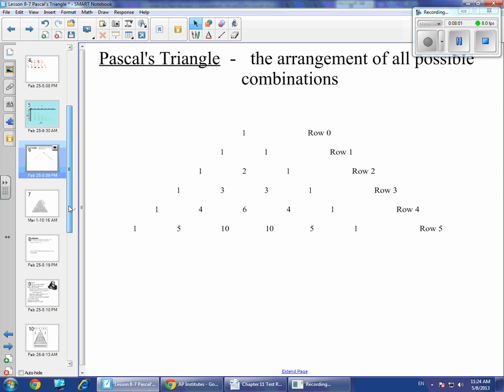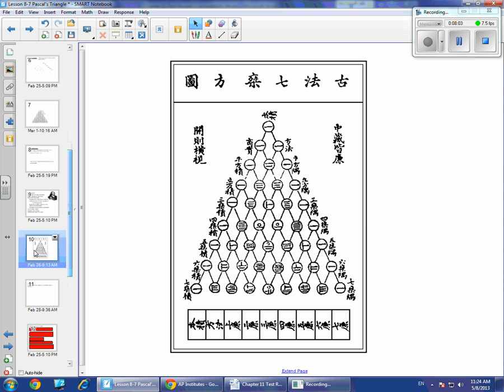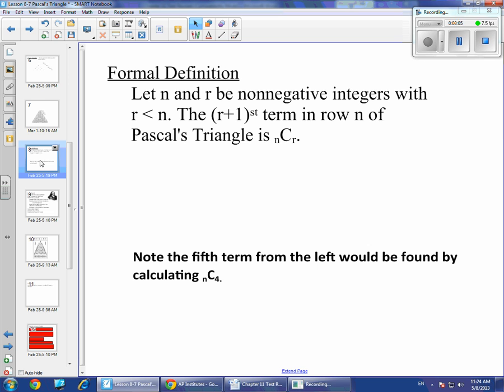Now the formal definition for Pascal's triangle looks like, skipping ahead, this. The one big thing to notice is that, so you can copy down this definition, n and r are non-negative integers, and to get each term you use nCr. But for instance, if you want the 5th term in a row, notice what you're going to have to do.